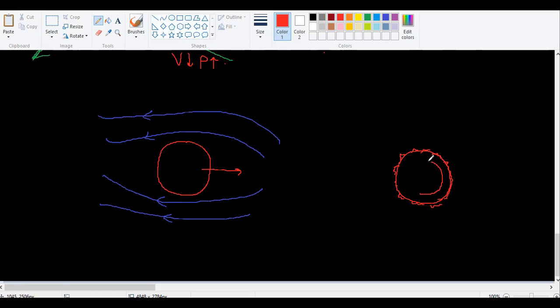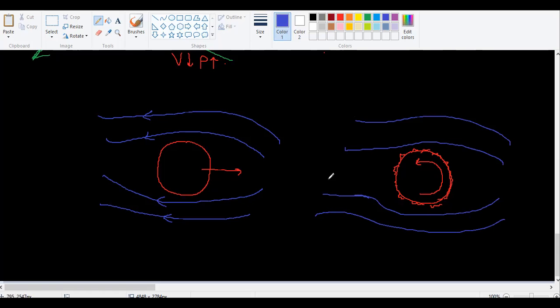Let's assume it is spinning this way, and the air is flowing this way. Initially the ball is given velocity this way along with the spin.